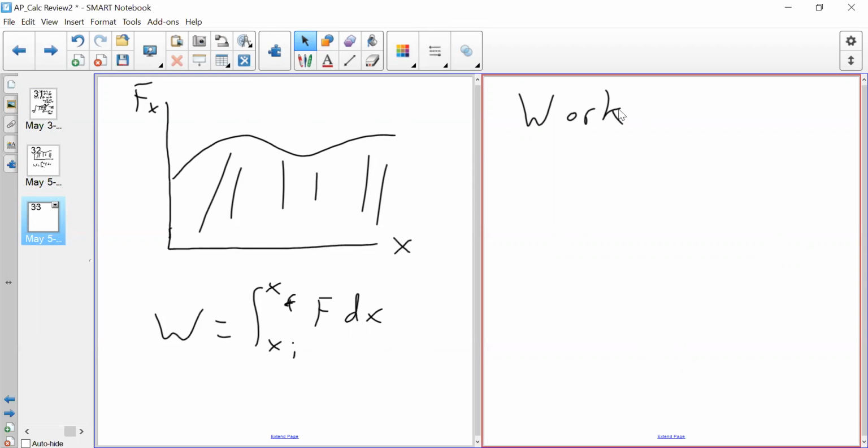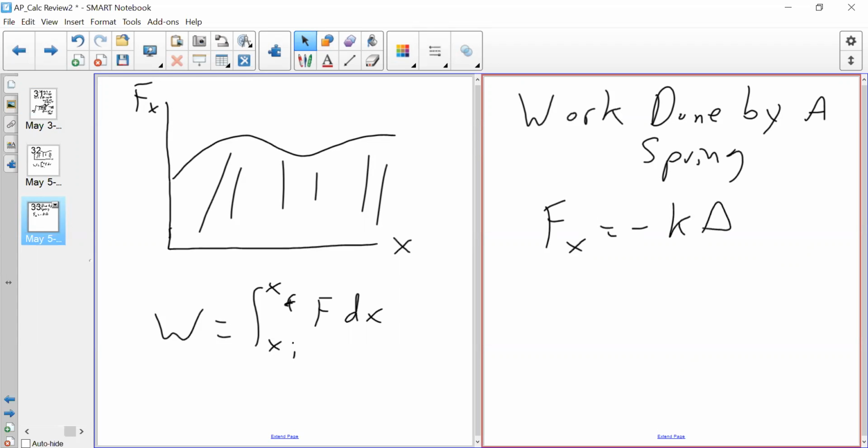So then the next part is work done by a spring. This is Hooke's law. K delta X, they listed as Kx. Same, it doesn't even matter at this point. You understand that there's going to be a displacement.